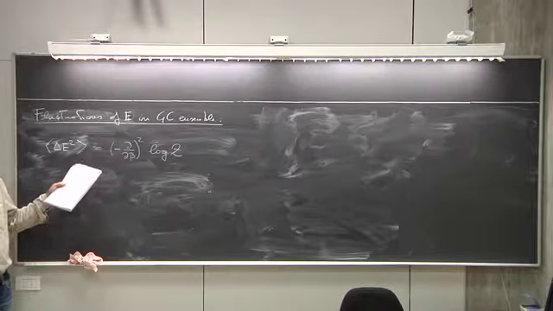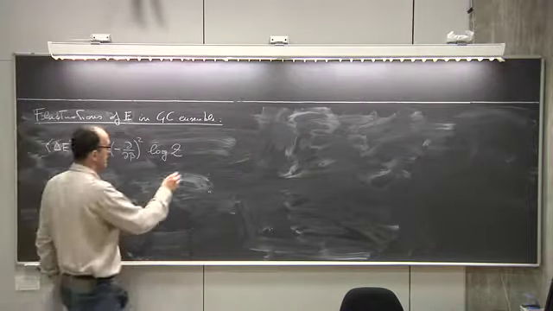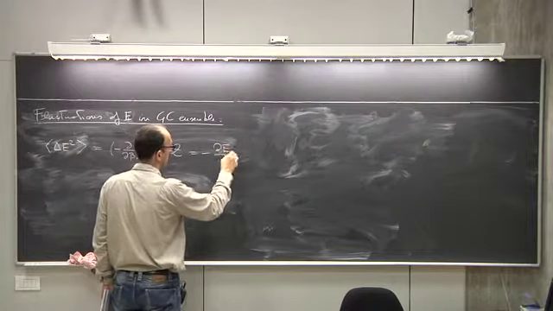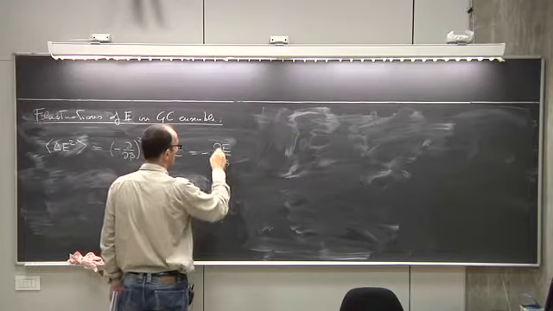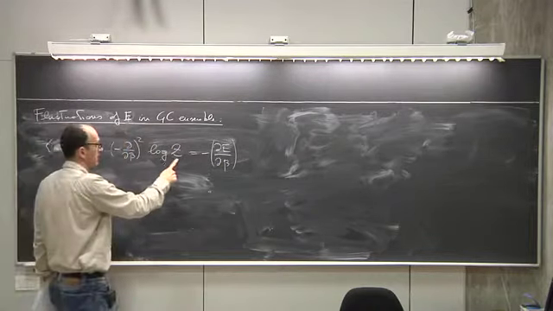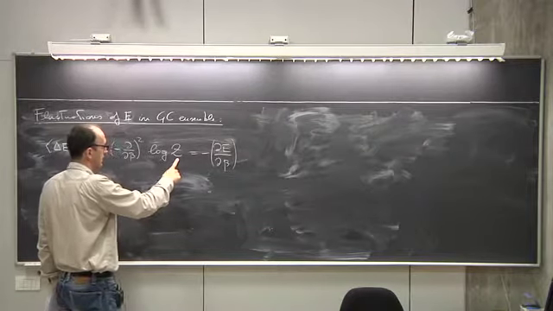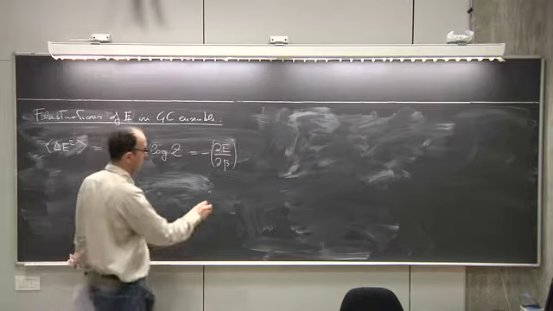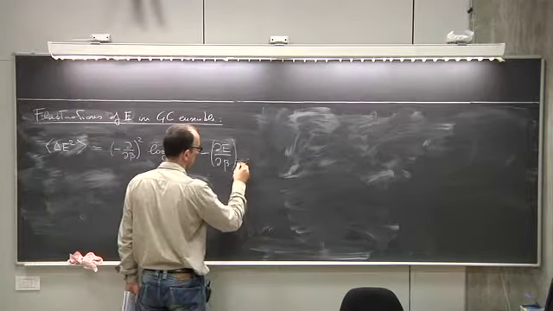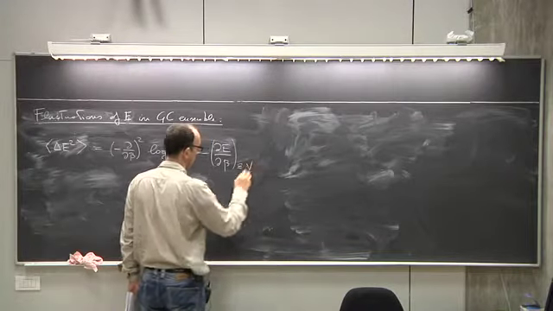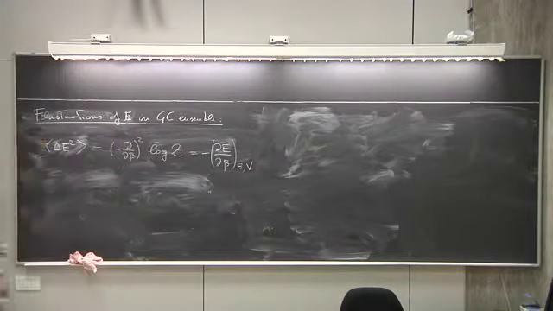And now this is really minus the derivative of the energy with respect to beta. However, this is a function of the chemical potential, the temperature, and the volume, so this is taken at constant fugacity and volume.